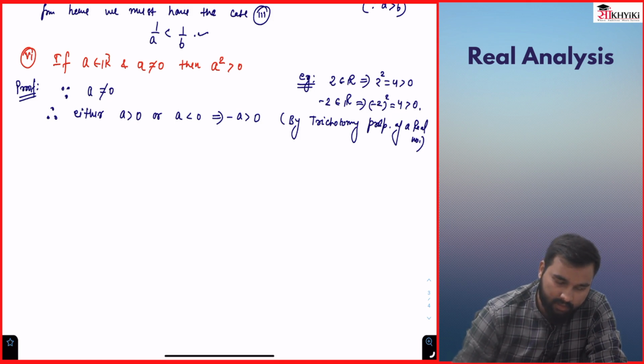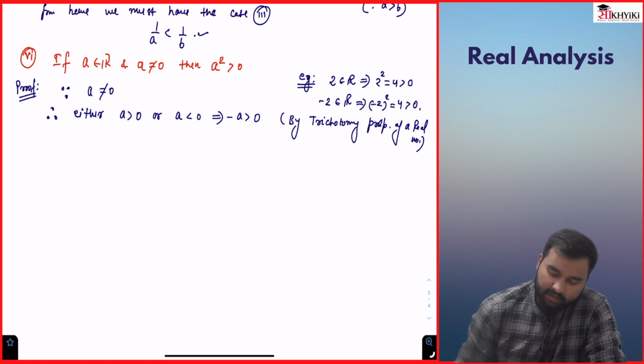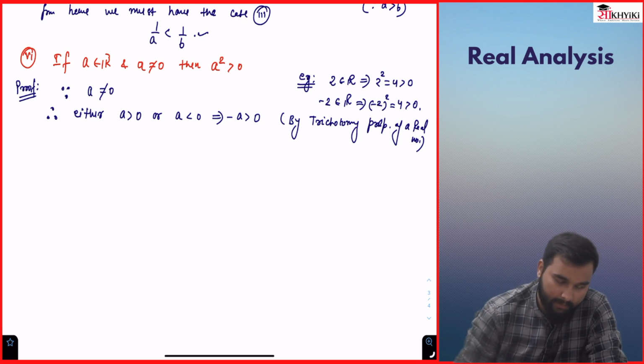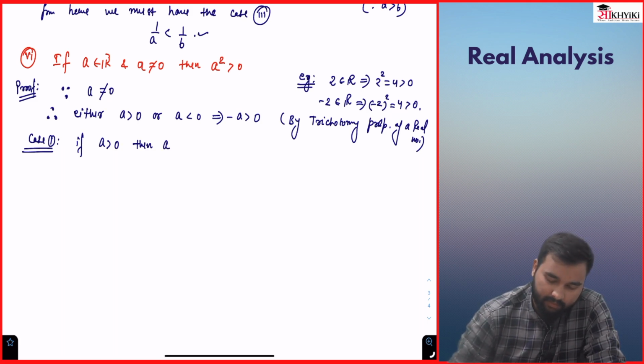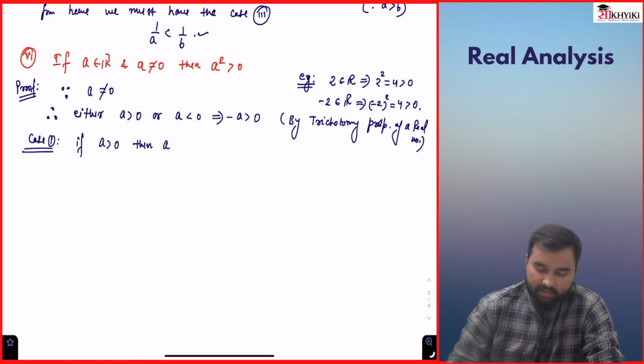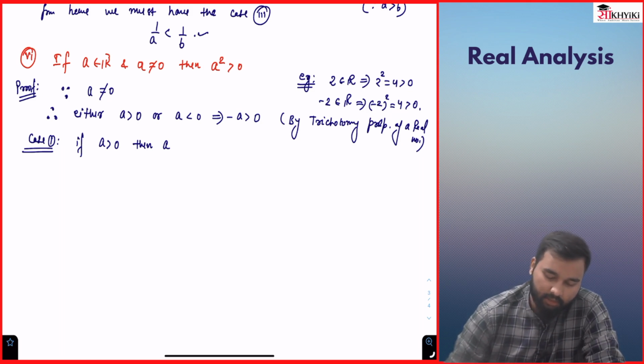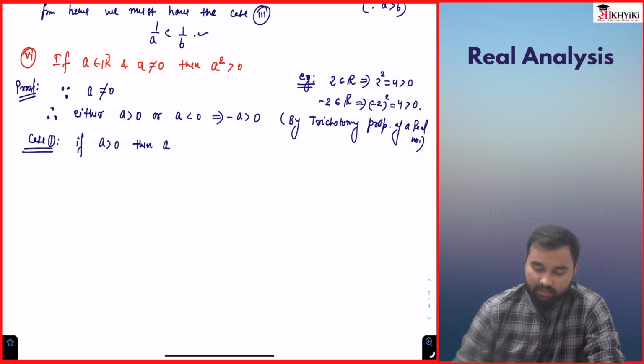Now let's discuss these cases one by one. Case first, if A is greater than 0, then what do we have? Let's multiply this inequality, A is greater than 0, with A again.